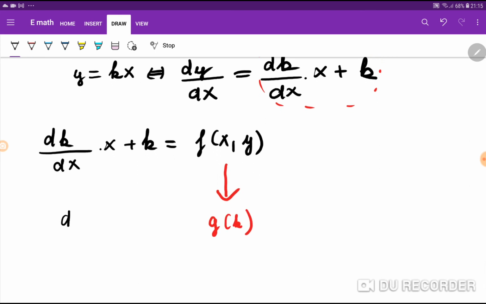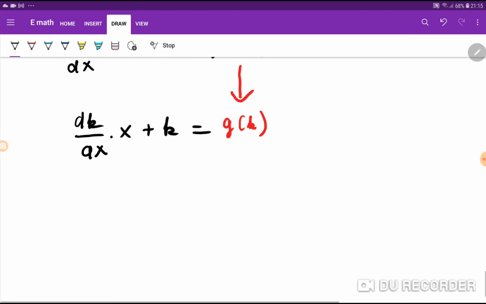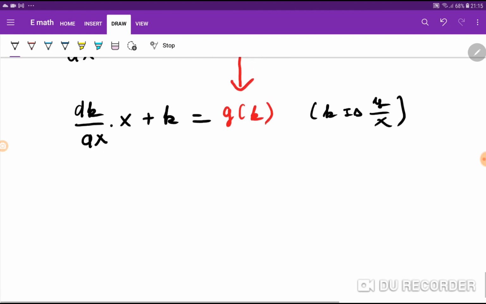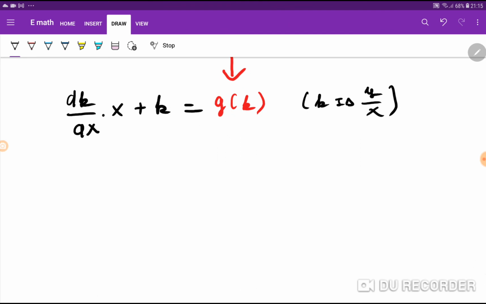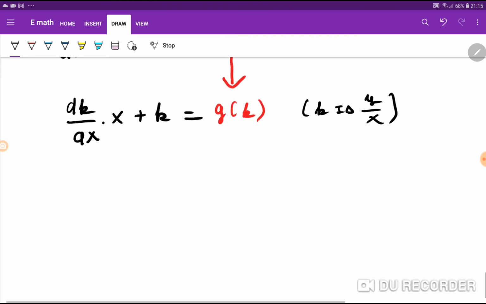Okay, so dk over dx times x plus k equals g(k). And k, what is k? k is y over x. Okay, so it's separable. You can solve for k, right?